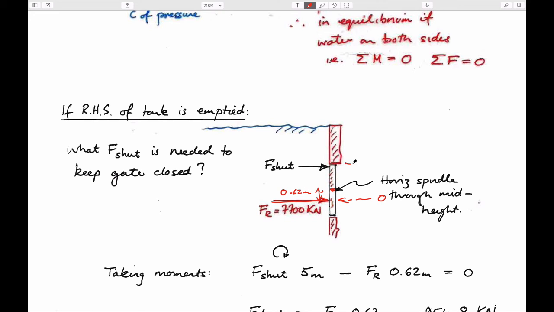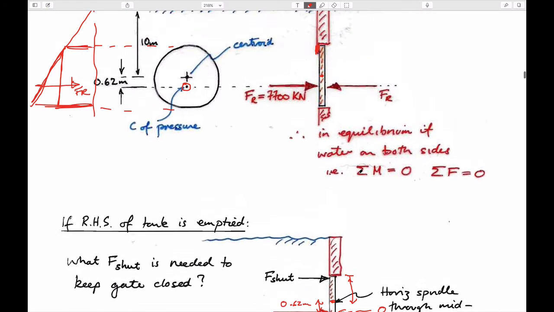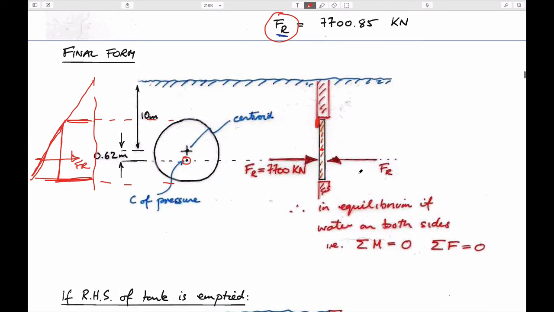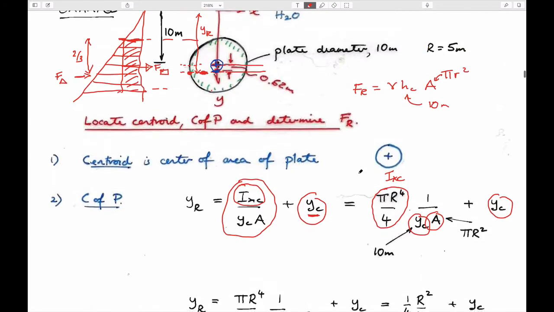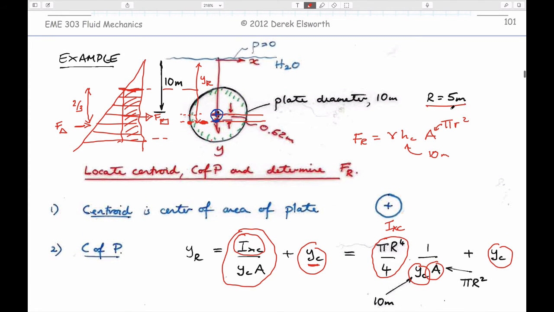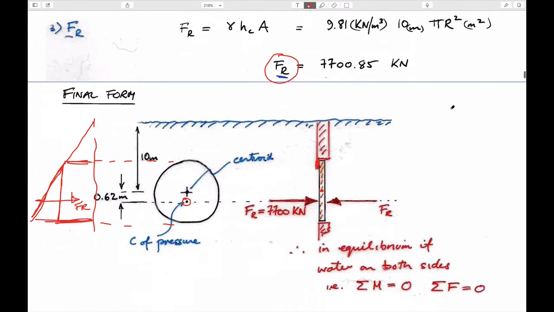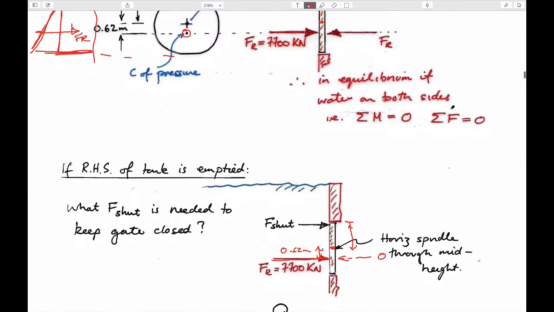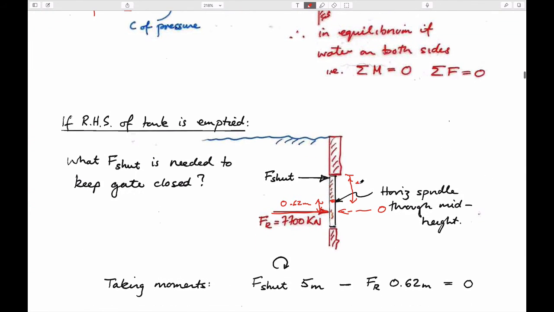We know that this is acting. What was the radius of this plate? Was it 5 meters? I think it was 5 meters, right? And so this height here is equal to 5 meters.